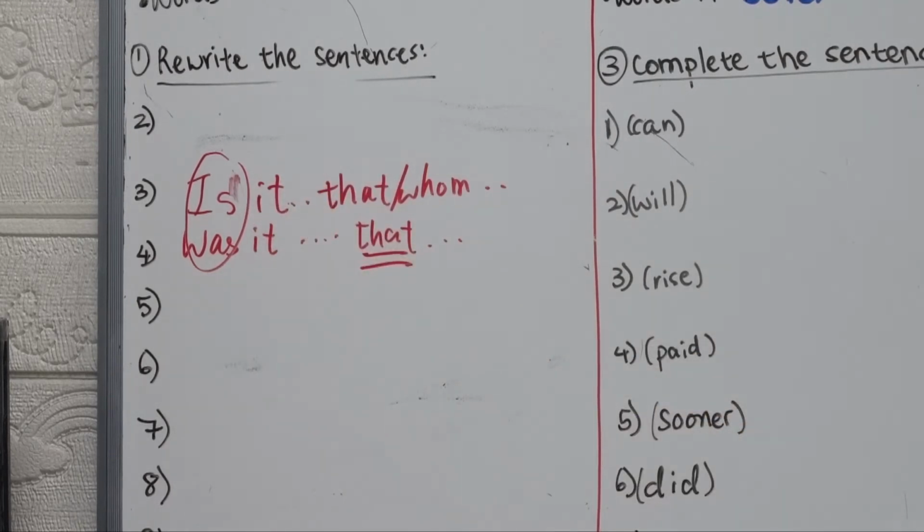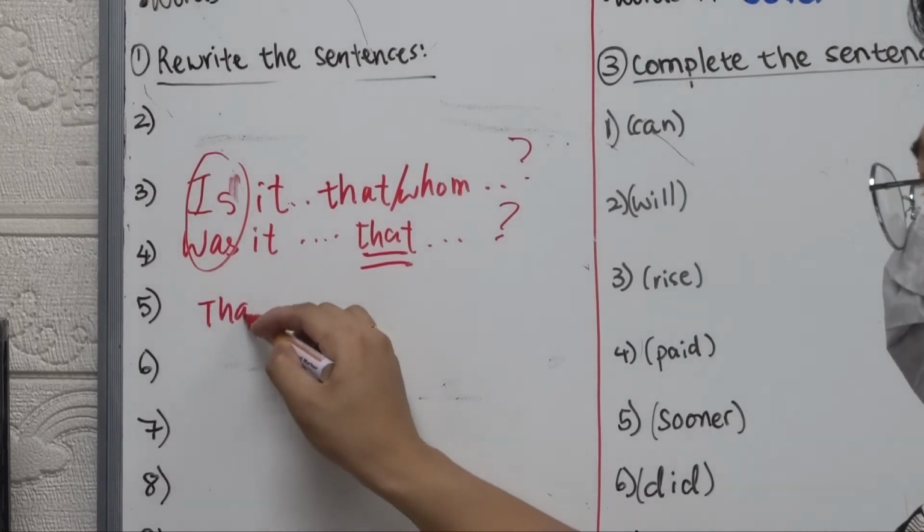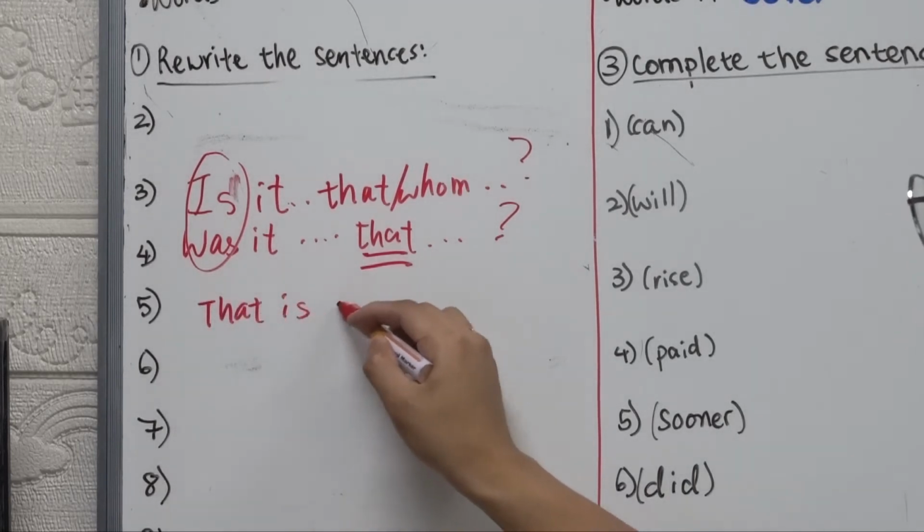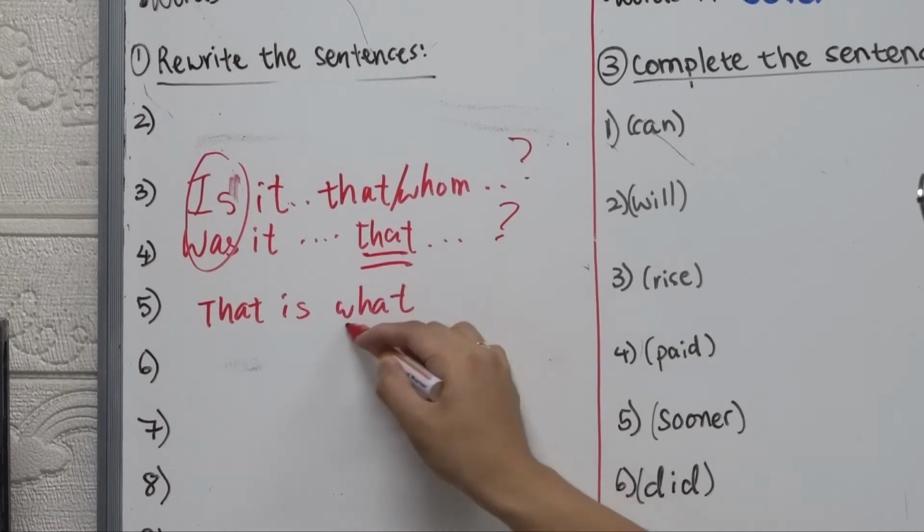So we have question words included, and these are still statements. So when these are questions, was it, is it, they're all questions. In contrast, when we actually use the question words, like the word what, this becomes a statement, okay? So we have that is what. So this can be changed.